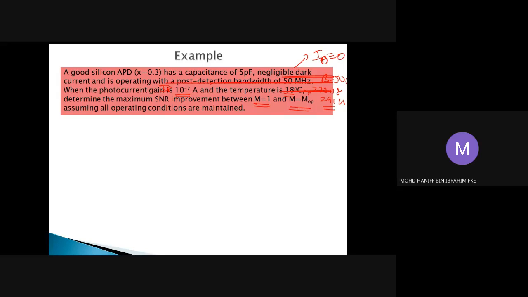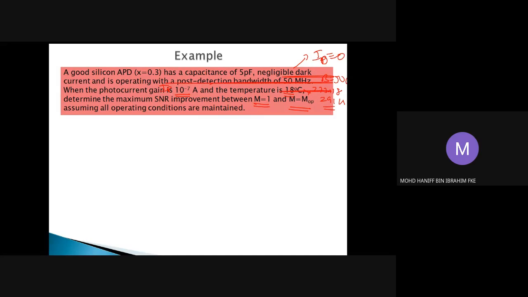For this particular case, you are given a few pieces of information: the capacitance, the bandwidth, the temperature, and also the IP.